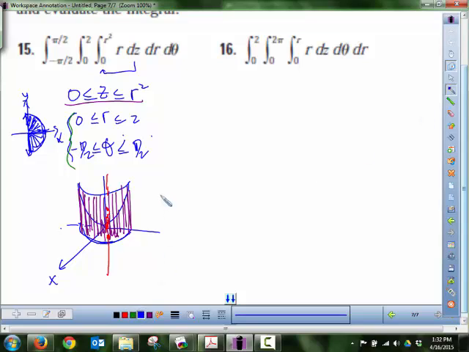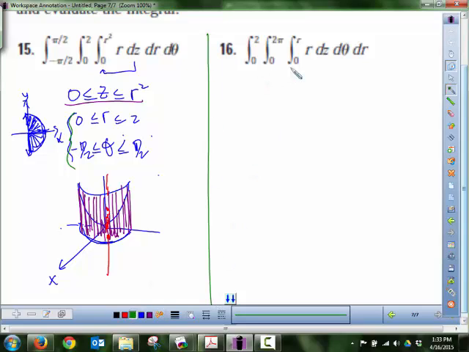So let's see if I can get a different point of view here. All right, so that's your region. Good? All right. I could draw it in the graphing calculator program if we have time.